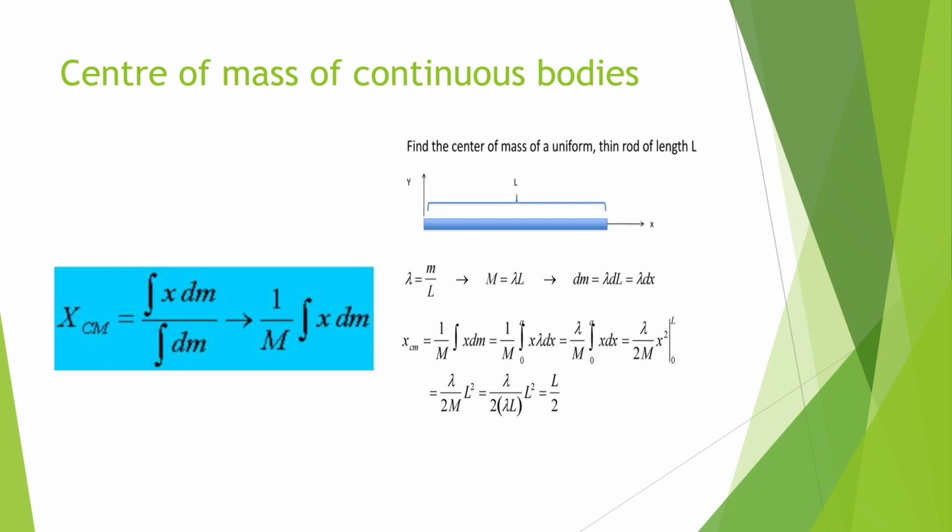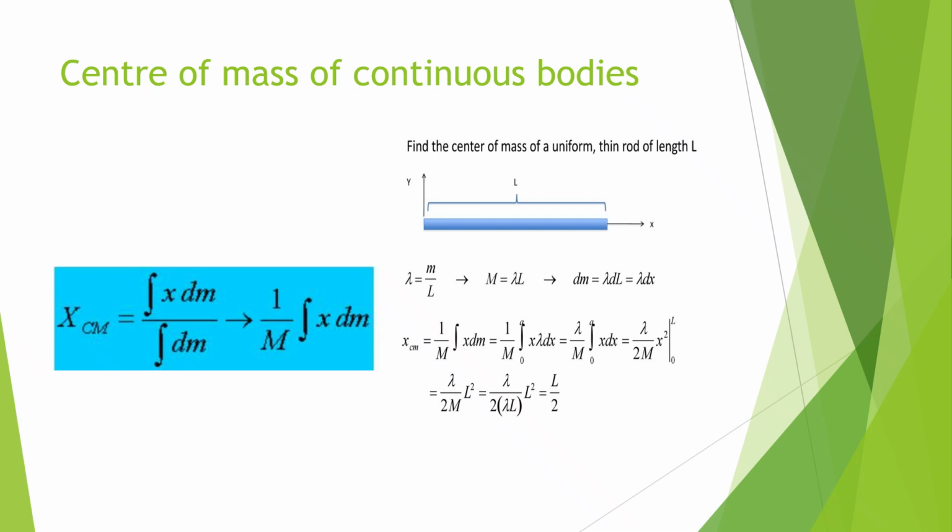According to the integral method, the x coordinate of the center of mass is integral x dm divided by integral dm. Integral dm will give me the entire mass, capital M, of the rod, and integral x dm is in the numerator.